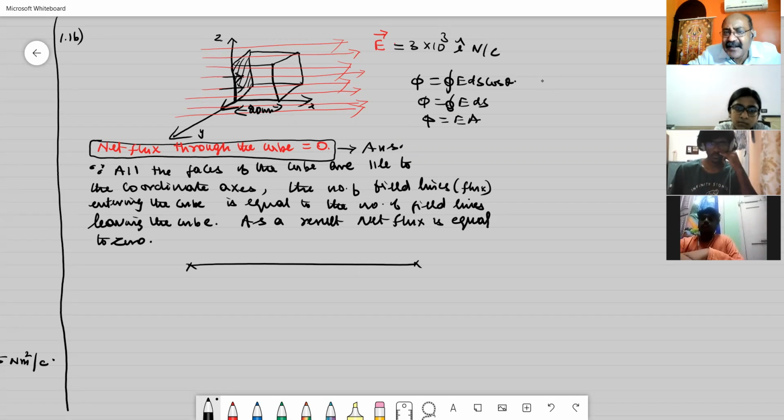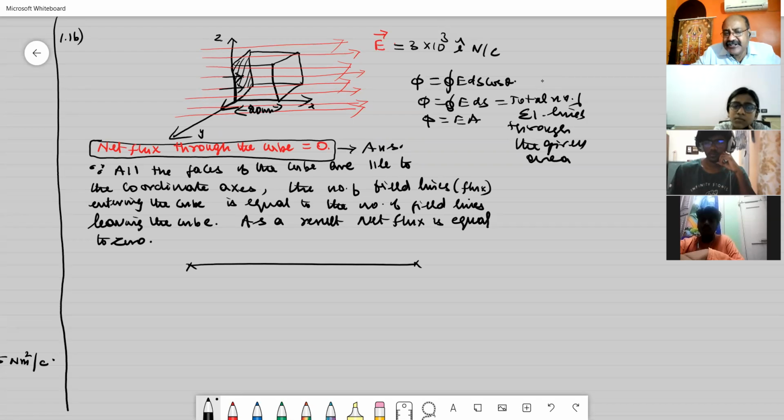What is meant by flux? Flux is nothing but the total number of electric lines through the given area. That is the meaning of flux. So when you are considering one face of this cube, on the left face, the number of electric lines entering is equal to the number of lines leaving on the other side.